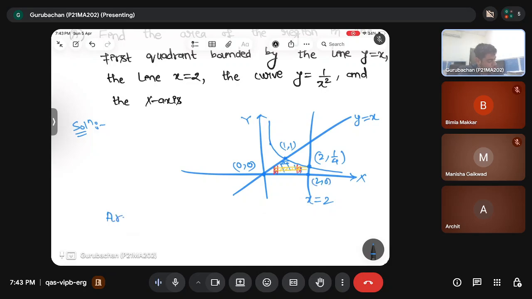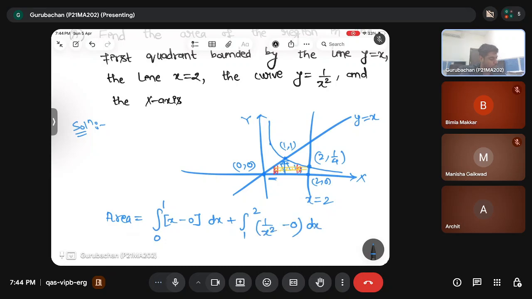So the area when we integrate with respect to x, dx: in the first one, the upper curve is x and lower curve 0, and this will go from 0 to 1. But when you go from 1 to 2, the upper curve is 1 by x square, lower curve 0, dx.